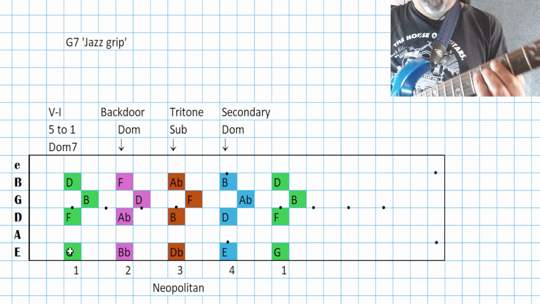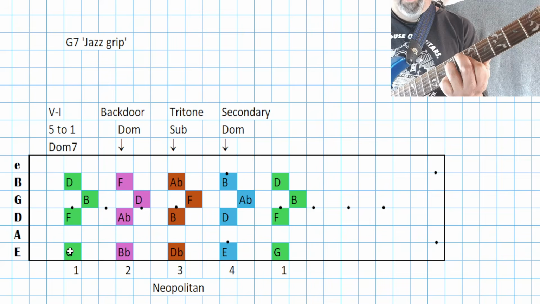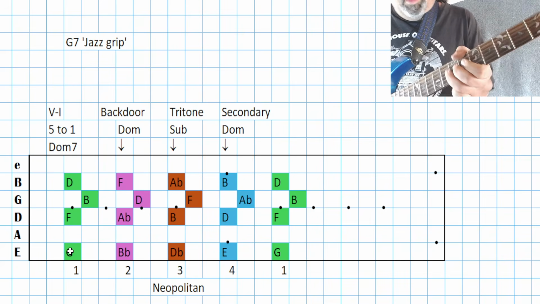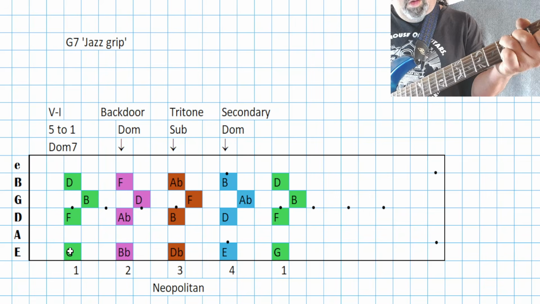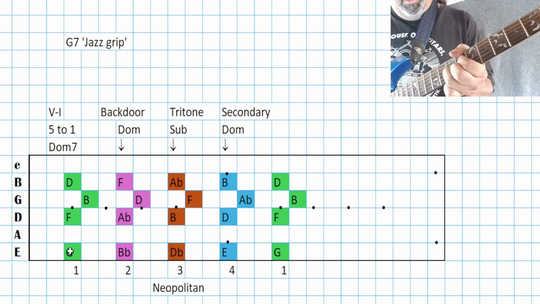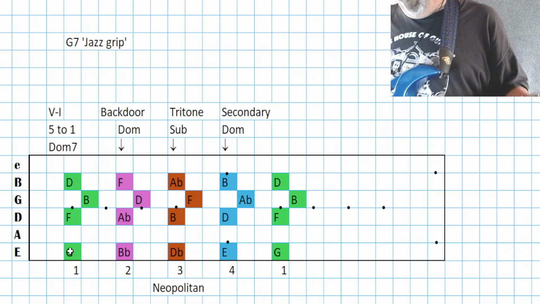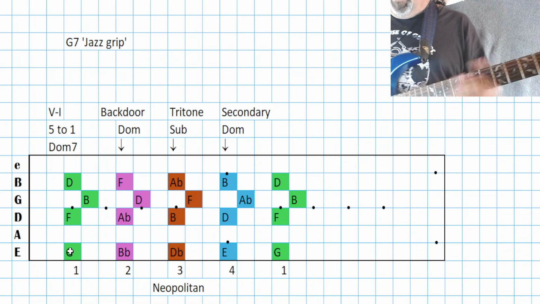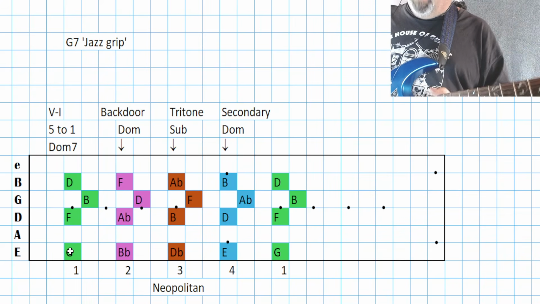You could maybe even just do A minor. Kind of walked up there. Could do something with that, but anyways, there's your backdoor dominant walking up to that C, or getting back into home from behind with the B flat.